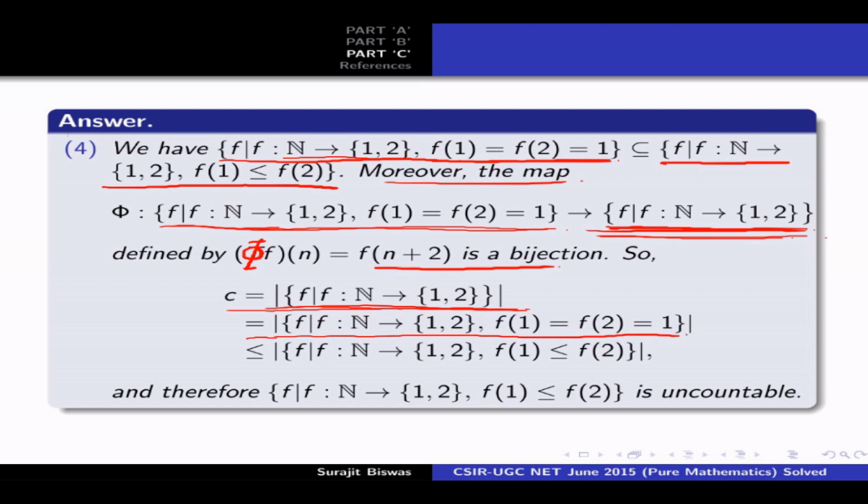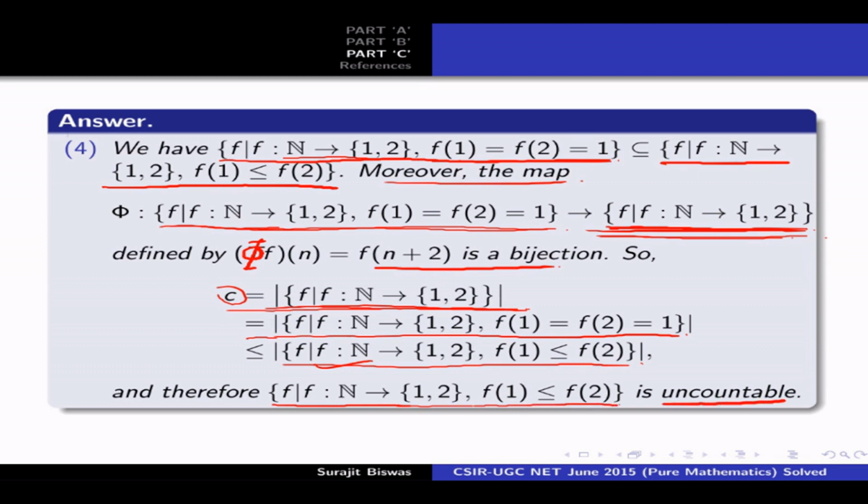And since this set is contained in the set with f(1) less than or equal to f(2), the cardinality of that set is greater than or equal to c, and therefore the set of functions from the natural numbers to {1, 2} such that f(1) is less than or equal to f(2) is uncountable.